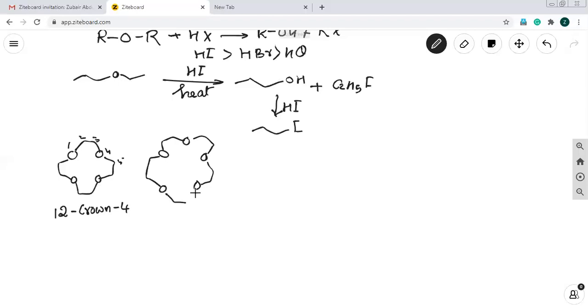Now this one. Look at this. How will you name them? Instead of 12, you have how many atoms? 4 here, 4, 4.